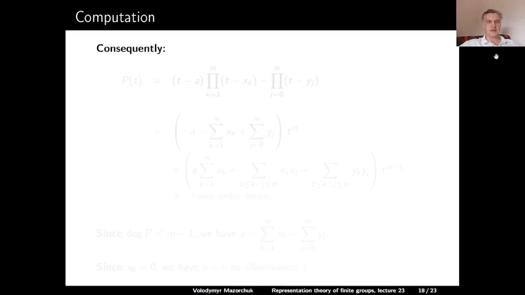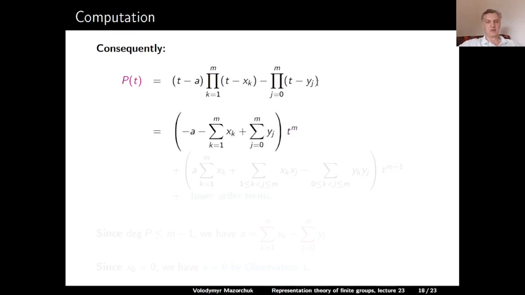This allows us to compute the polynomial p as a difference between p plus q and q. So p of t is t minus a times the product over all k from 1 to m of t minus xk, minus the product over all j from 0 to m of t minus yj.